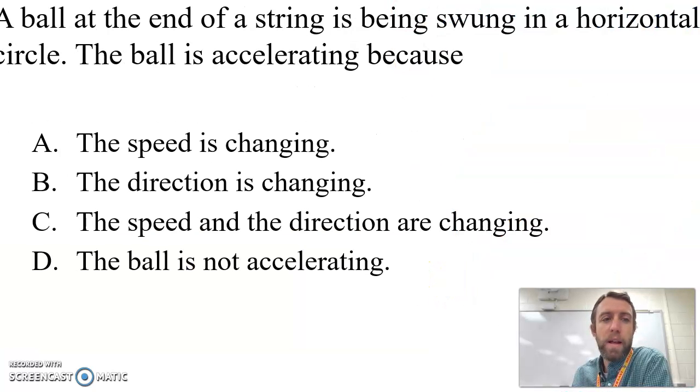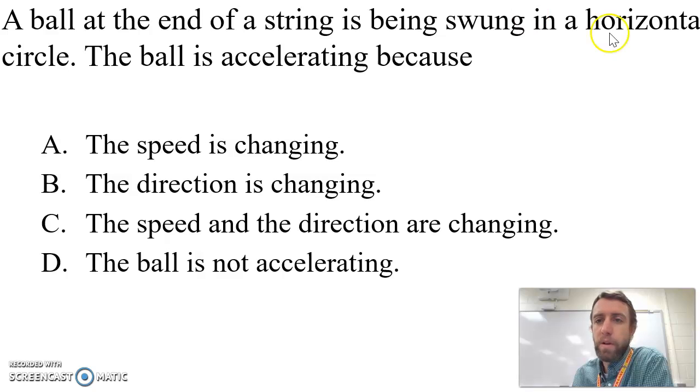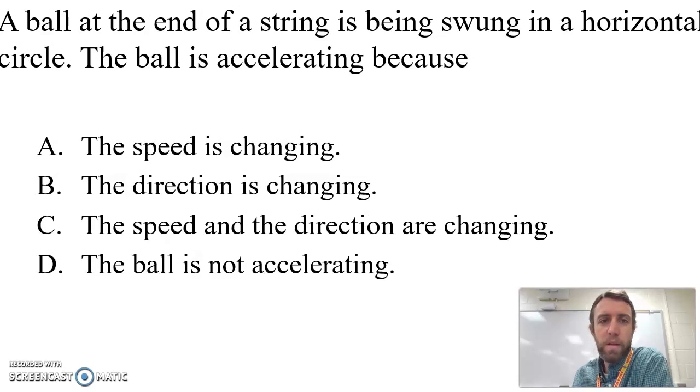A classic example, and if you were in class with me, you'd see that I use this example all the time, a ball on a string. It's very simple and a very good visual demo. The ball on the end of a string is being swung in a horizontal circle, so that's a flat circle. The ball is accelerating because the speed and the direction are changing.